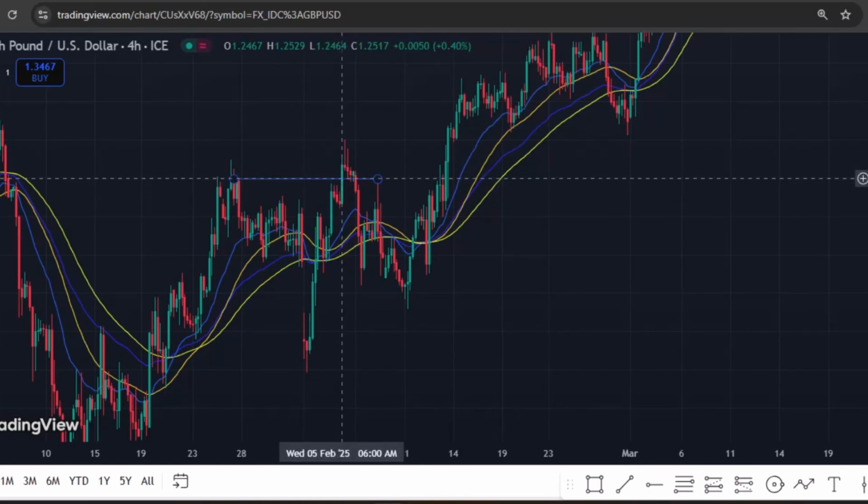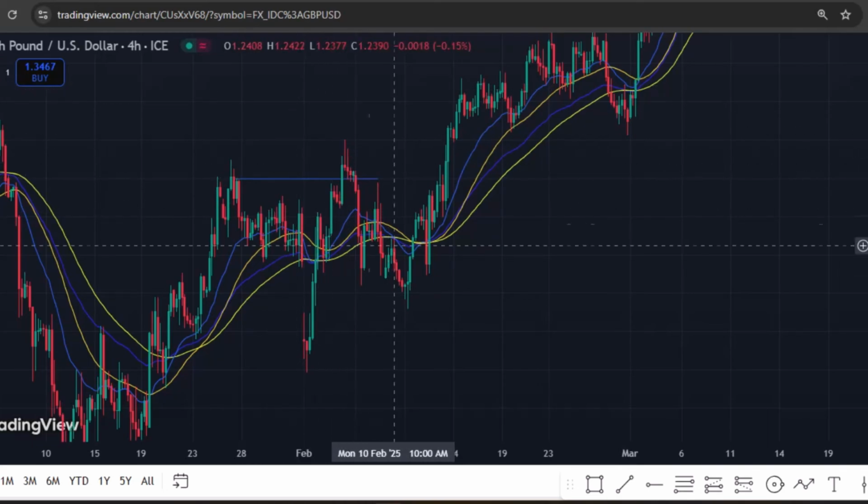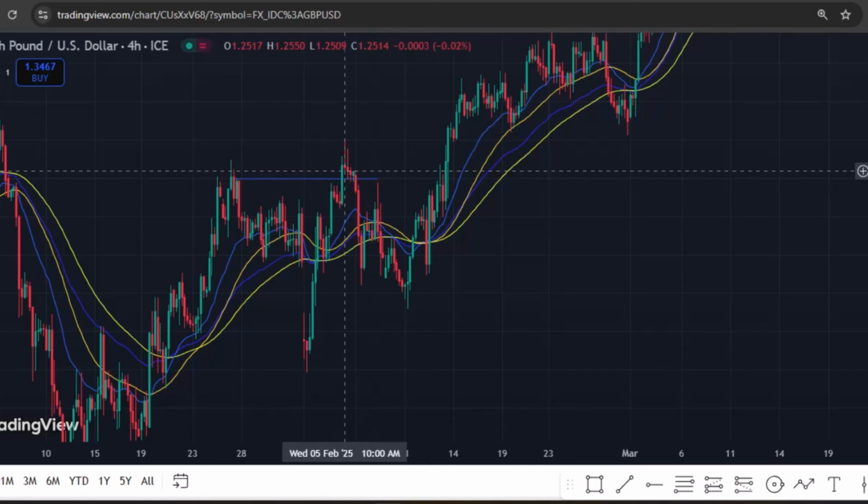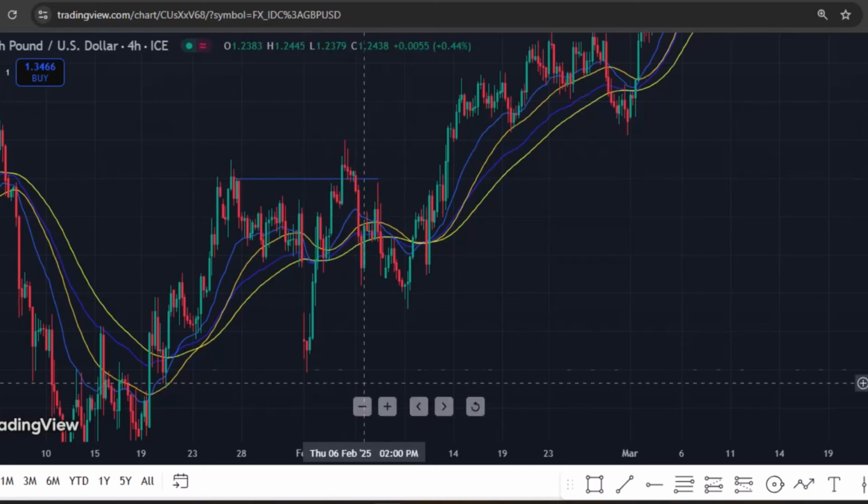As it broke this resistance, there are people who put buy orders, which, after the market broke, they were hoping the market would continue buying, but it didn't. It went up and came down. That is, it respected this resistance area, but it didn't show because it broke before coming down.